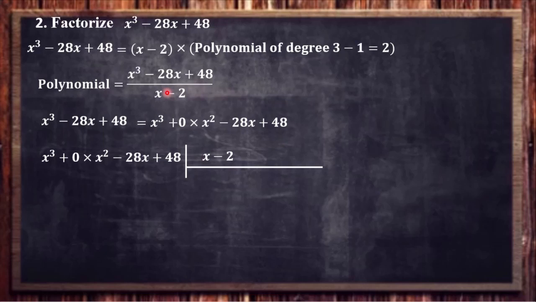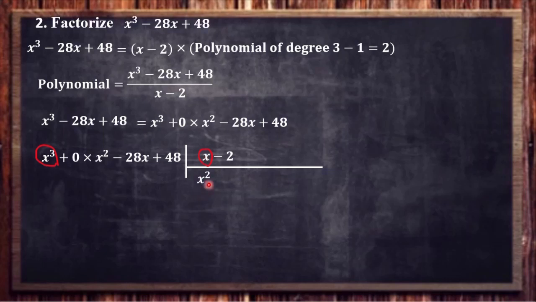So we write here the denominator, and then we compare the terms with the greatest degrees here and here. Here it is third degree, here is first degree. So we compare these two terms, and we multiply x with something to have x cubed. So it is x squared.